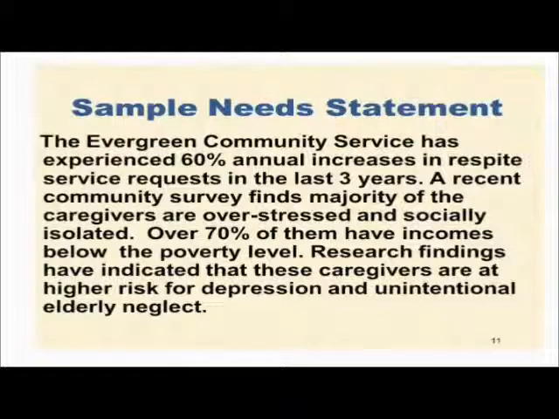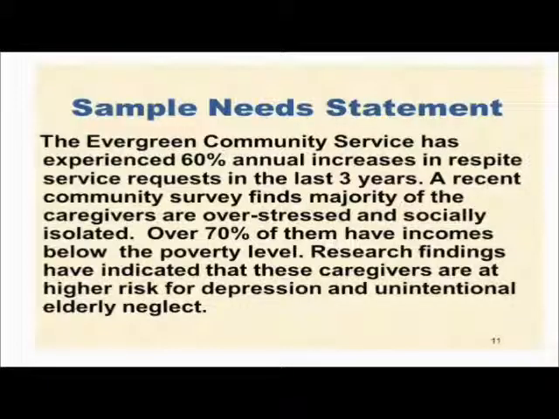So when we want to put together a statement about what we need, that's what we call a need statement. It should include, and the more of these various types of need that you could include in there, the better. So an example of this statement is: the Evergreen Community Service has experienced a 60% annual increase in respite service requests in the last 3 years.